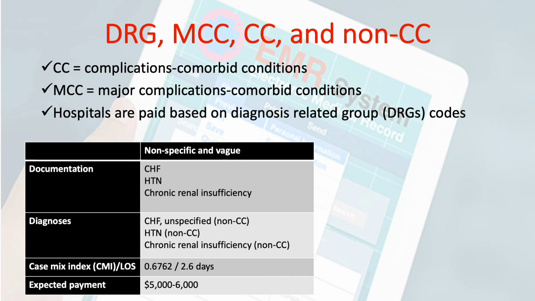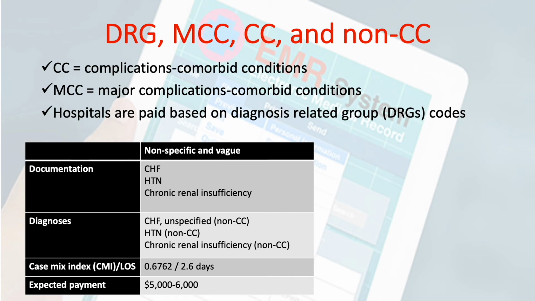In this specific scenario, based on this documentation and diagnosis, the CMI will be close to 0.6 or 0.7, which also indicates that the average hospital stay for such patients should be only 2 to 3 days, and that will lead to reimbursement of about $5,000 to $6,000.